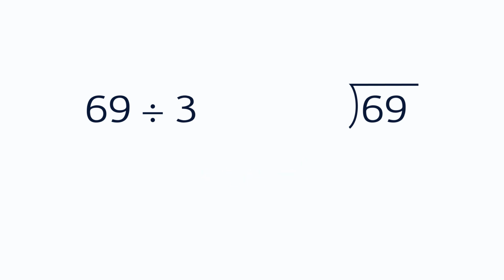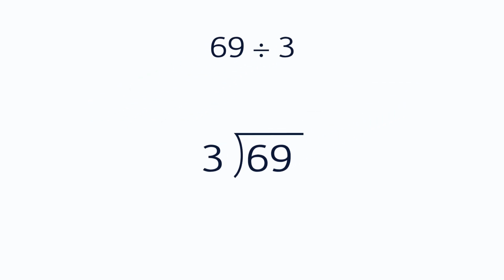The divisor, the number the dividend is being divided by, goes to the left of the parenthesis. In this case, the divisor is 3. Just remember that the order of the dividend and divisor are reversed when you're doing long division, and you will be okay.